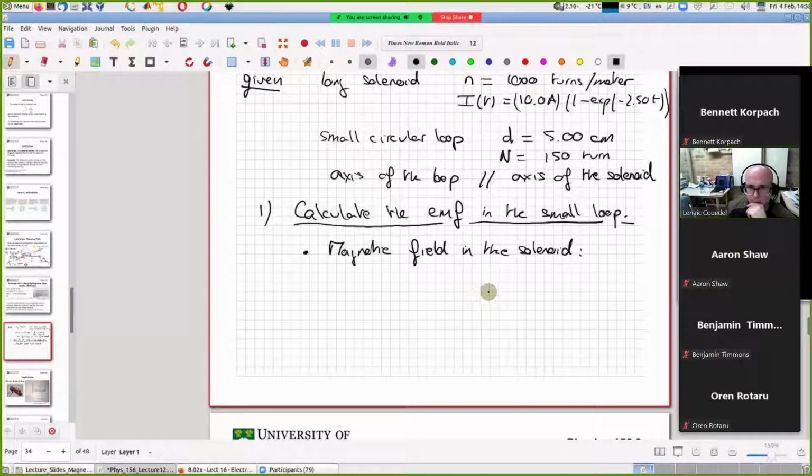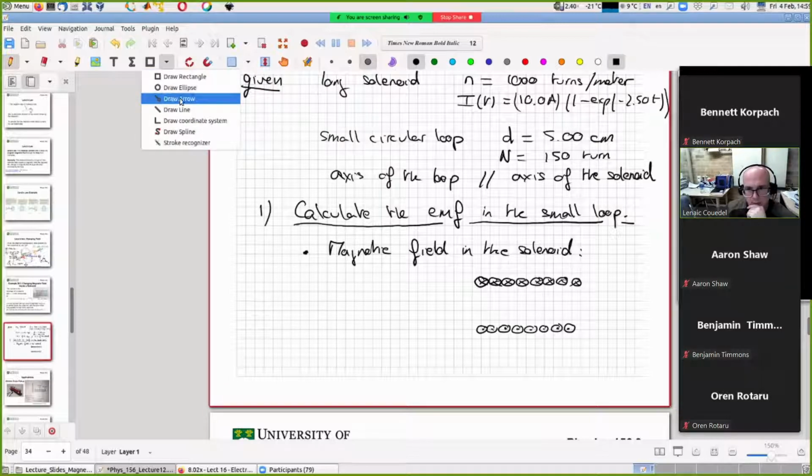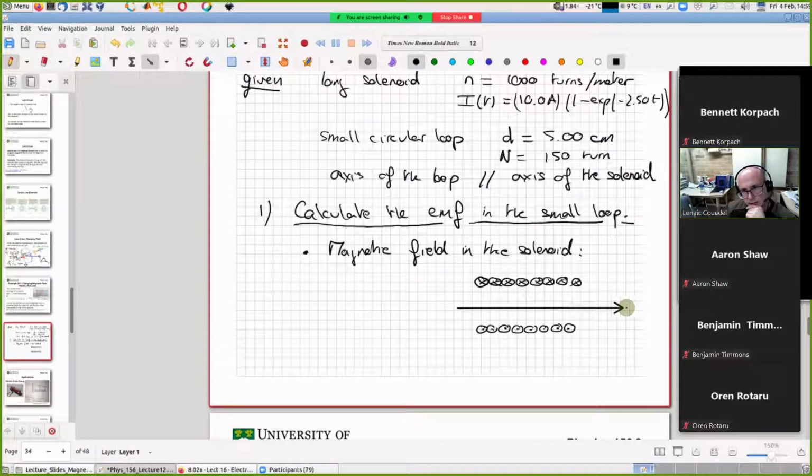Okay, so I will remake a schematic of the solenoid. Here we have currents going in, here going out. And I will call the axis of the solenoid the x-axis. So what is the magnetic field inside my solenoid?